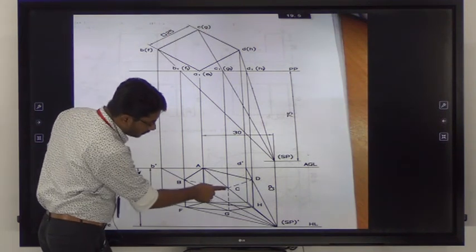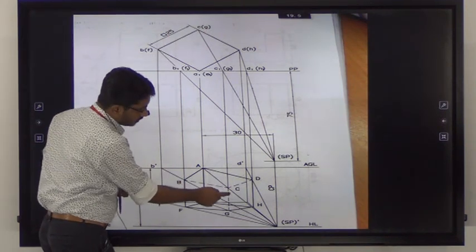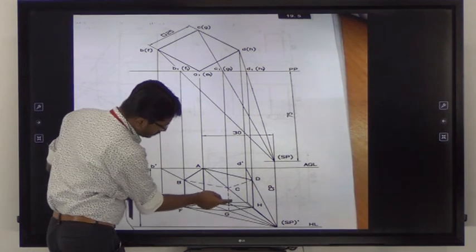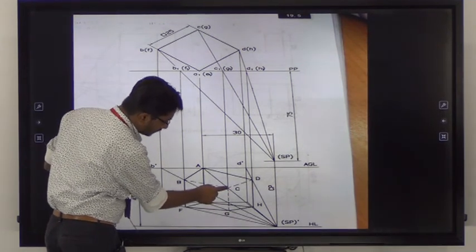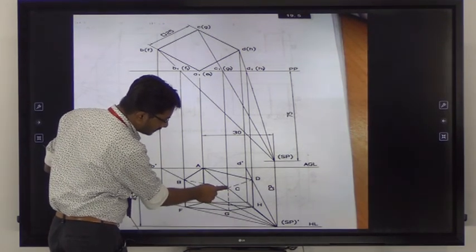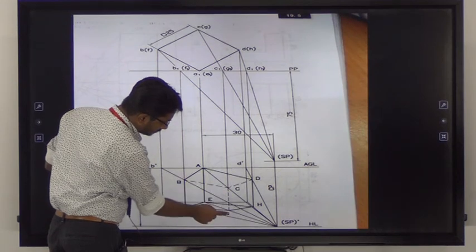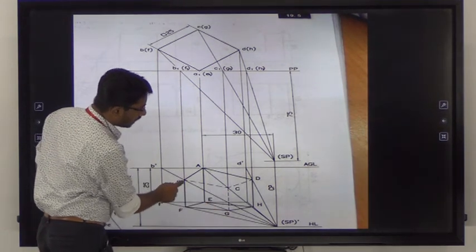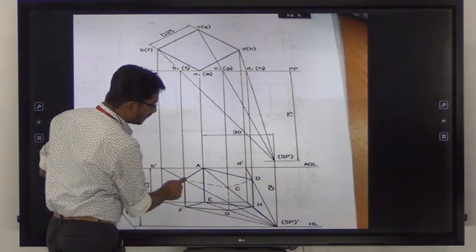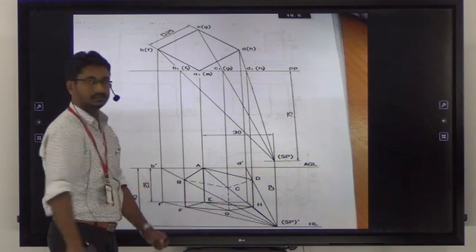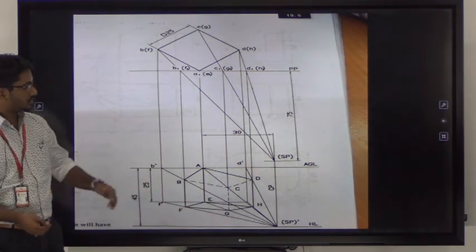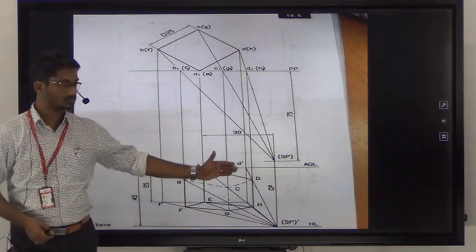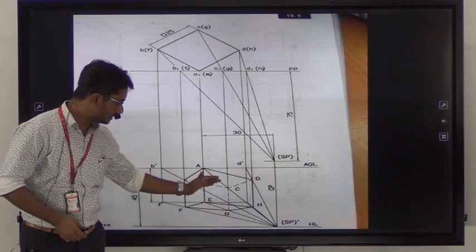So here this is the point C. So the lines joining the point C with the points G, B and D are marked as invisible lines. Okay, so this is the final figure.